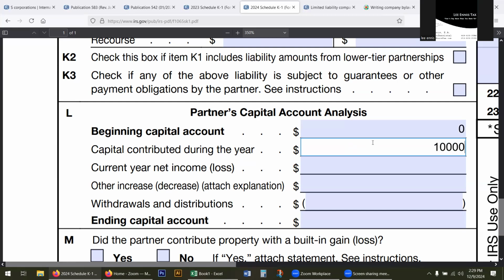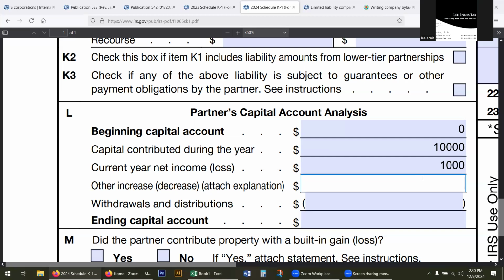You contributed $10,000 for the year. And let's say that the partnership profited $10,000 and 10% of that profit is yours. So $1,000, right? Did you have any other increases or decreases?